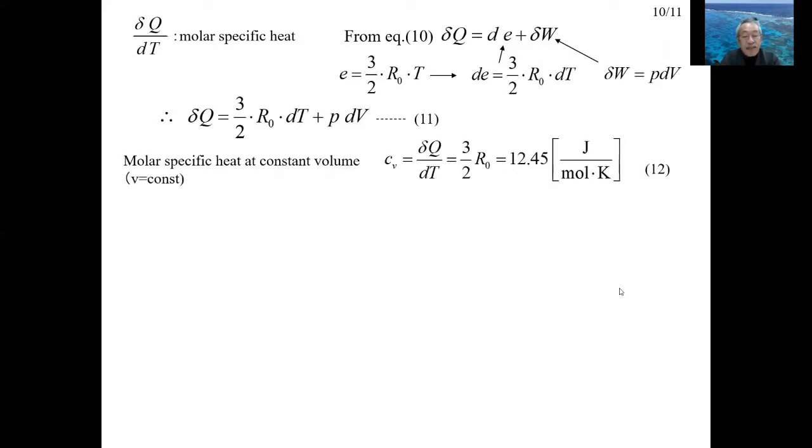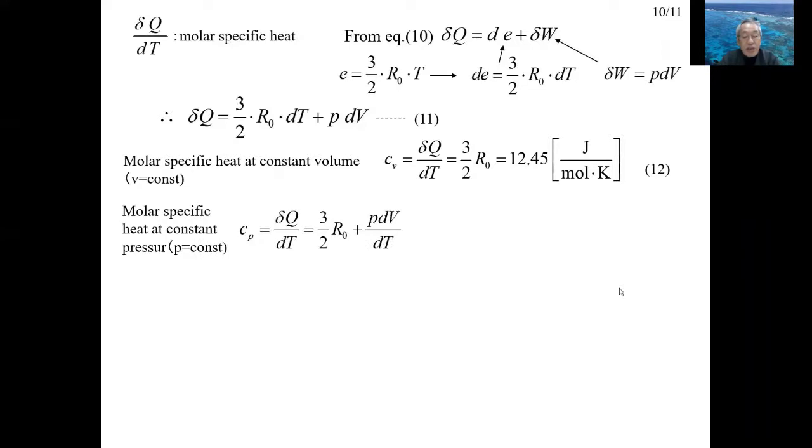If the volume does not change, the second term on the right-hand side of equation 11 disappears, and thus the molar specific heat delta Q over delta T at constant volume is given by equation 12.